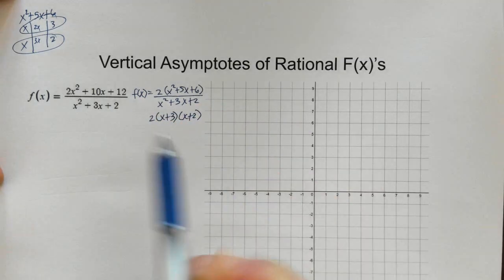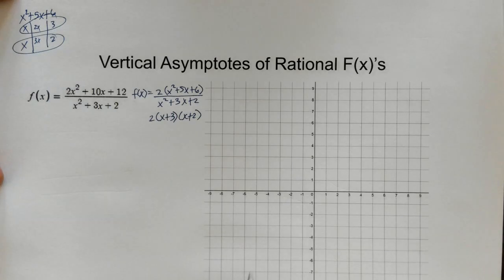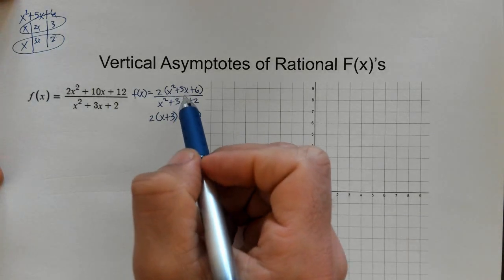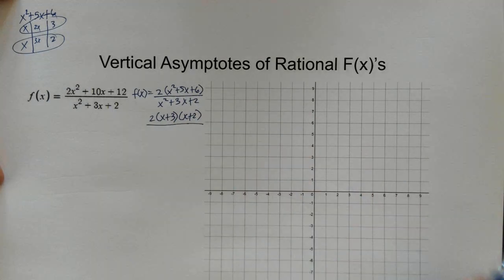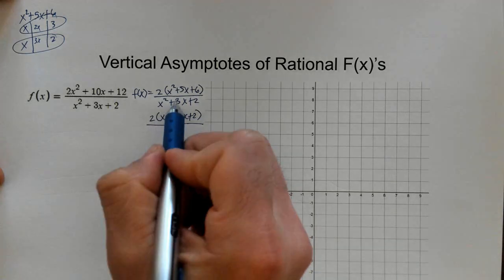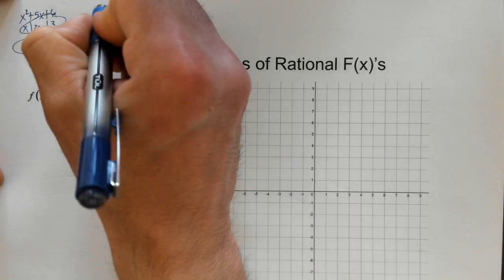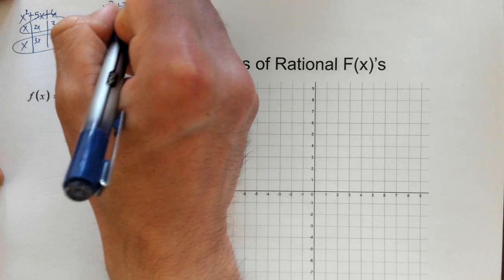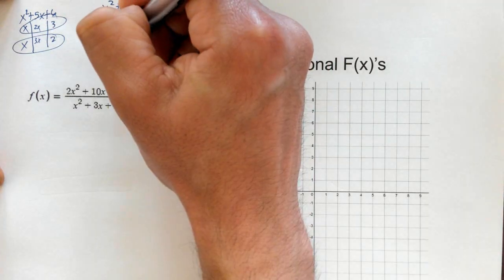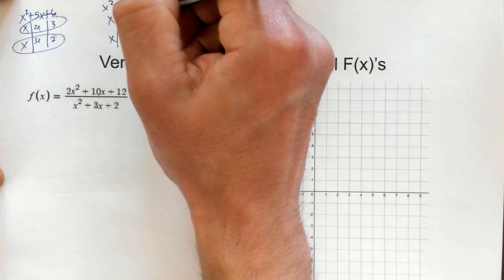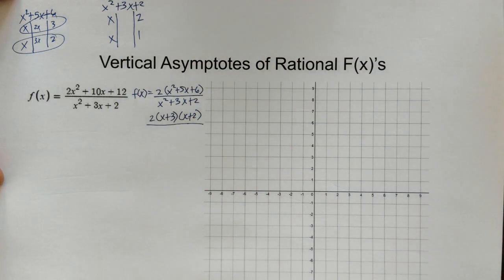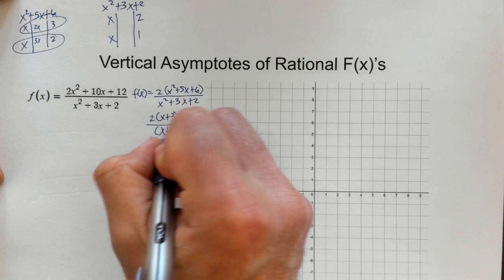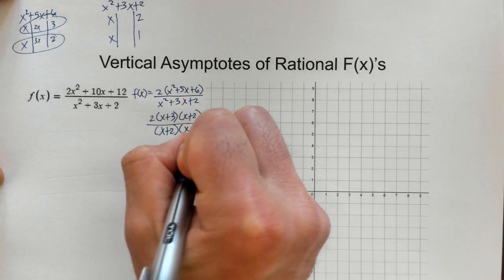There's an entire video where I talk about how to factor, but our goal is to get comfortable factoring in this unit. In the denominator, now I want to factor x squared plus 3x plus 2. And you can do it over here as well. It's going to be 2 times 1. That cross multiplies and adds up to 3x. So now I have x plus 2, x plus 1.